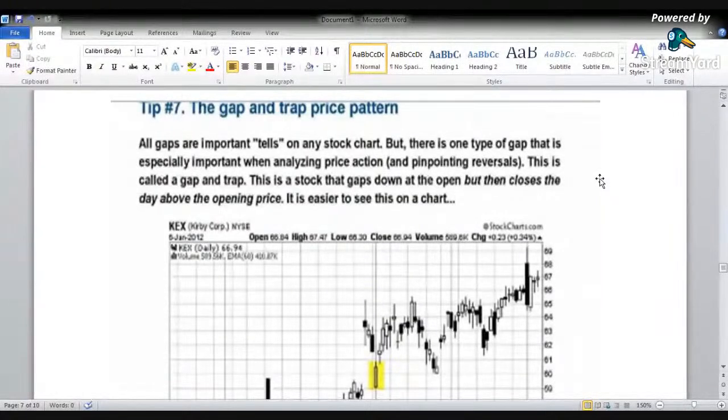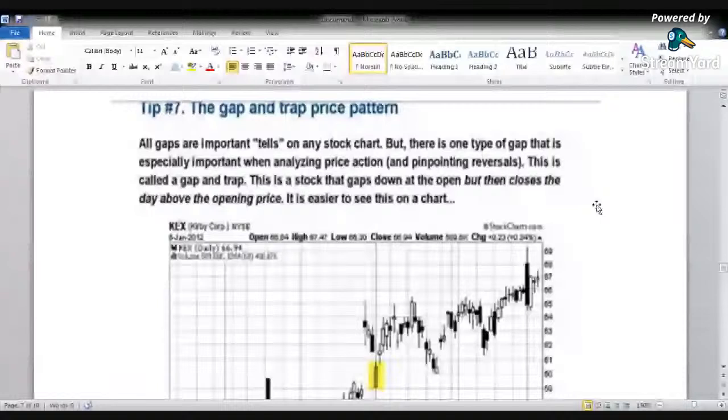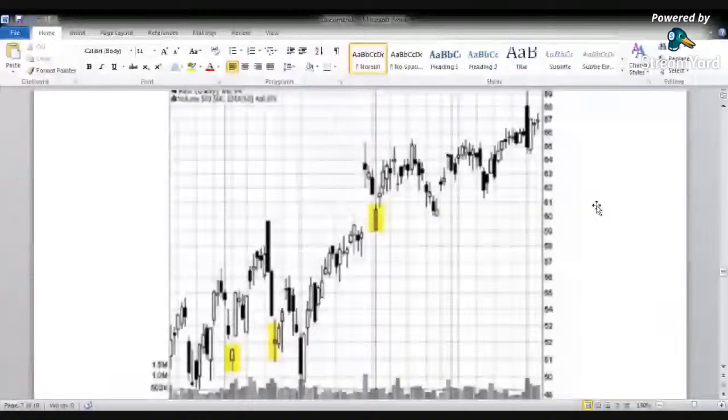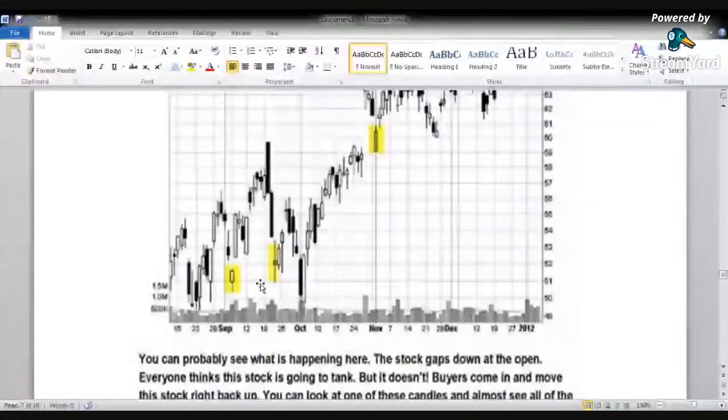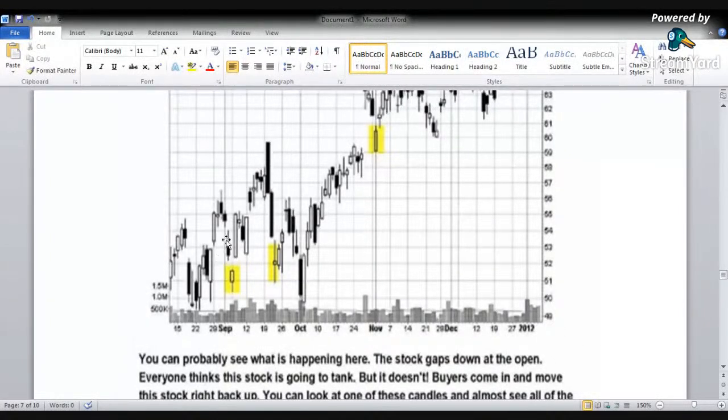Okay? This is a stock that gaps down at the open but then closes the day above the opening price. Okay, so this is the one. Okay, this candle here, the candle is going down, and the yellow candle opened at the bottom.